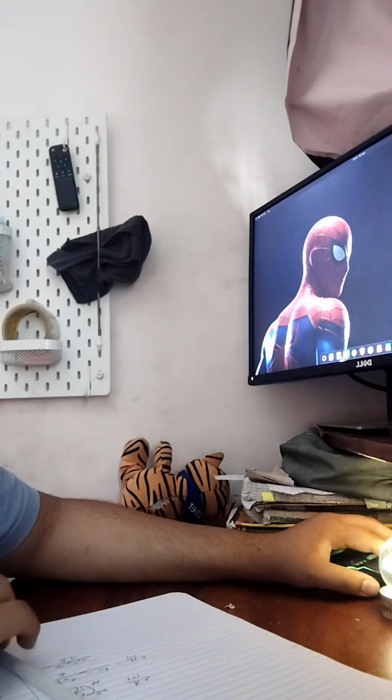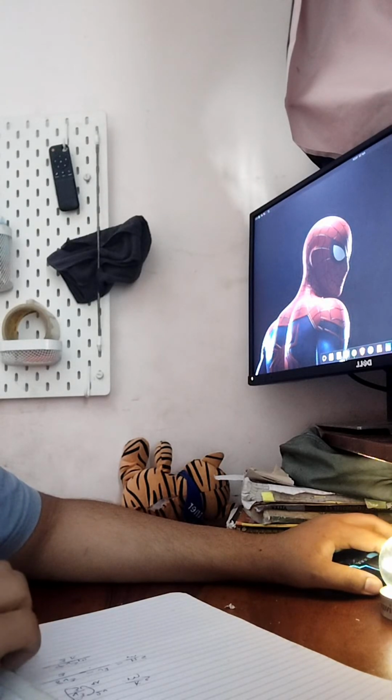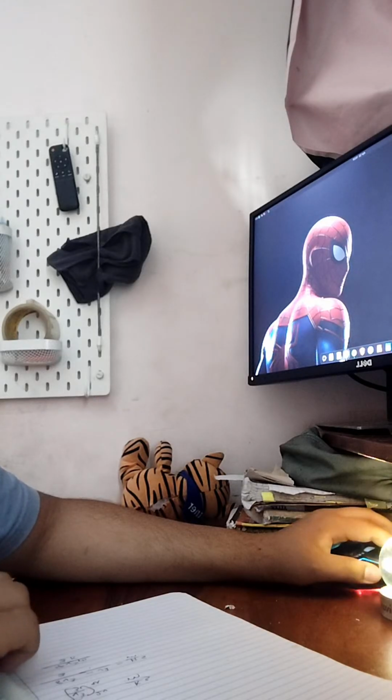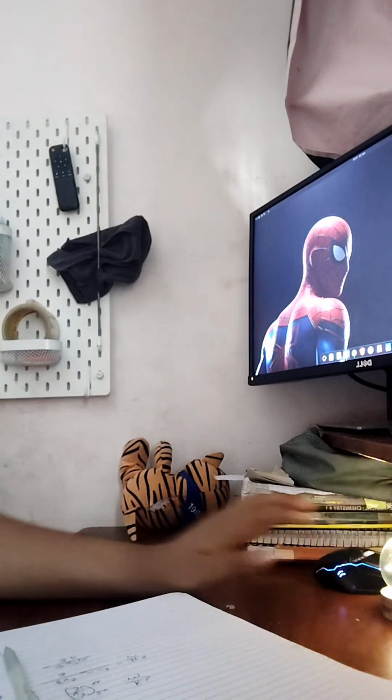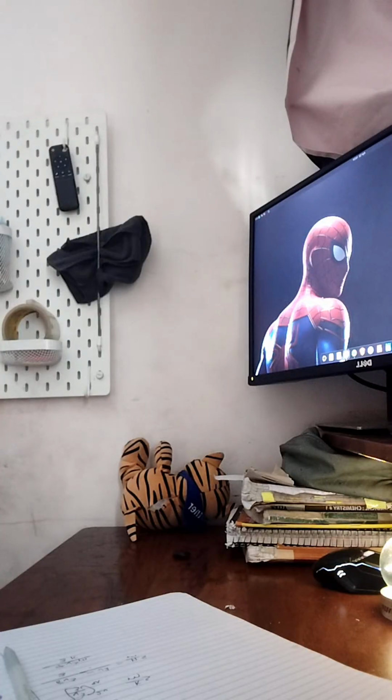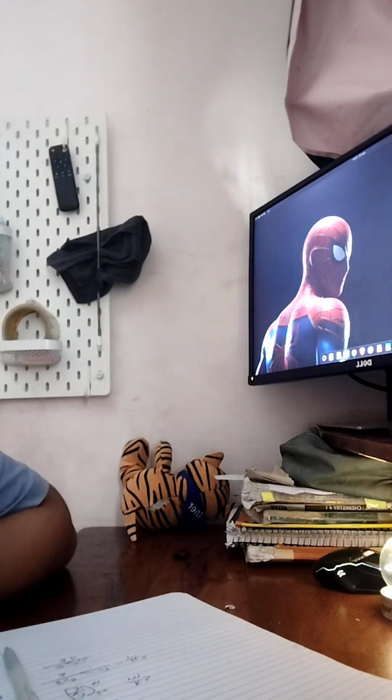Let's go. Water falls from a height of 60 meter at the rate of 15 kg per second to operate a turbine. The losses due to frictional force are 10% of the input energy.